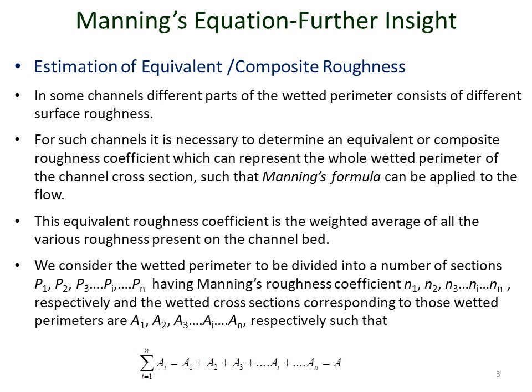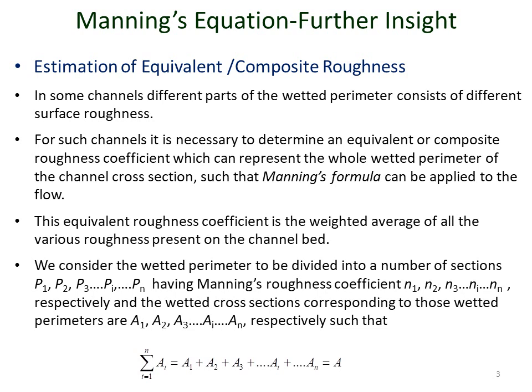For such channels it is necessary to determine an equivalent or composite value of the roughness coefficient, so that it can represent the whole wetted perimeter of the channel cross section, and so that we can apply Manning's formula for the flow in the channel. There are techniques to estimate this equivalent or composite roughness coefficient, and it is essentially calculating the weighted average of all the various roughness present on the channel bed.